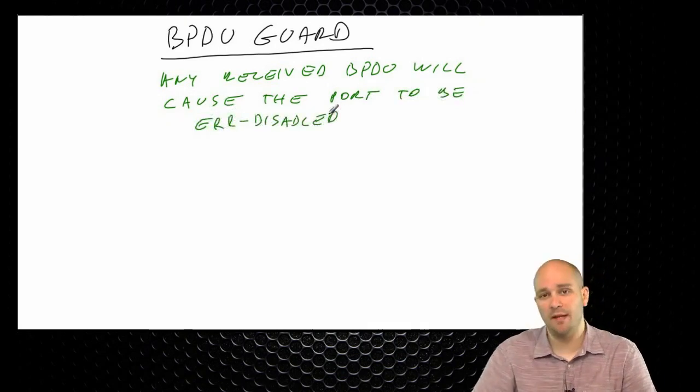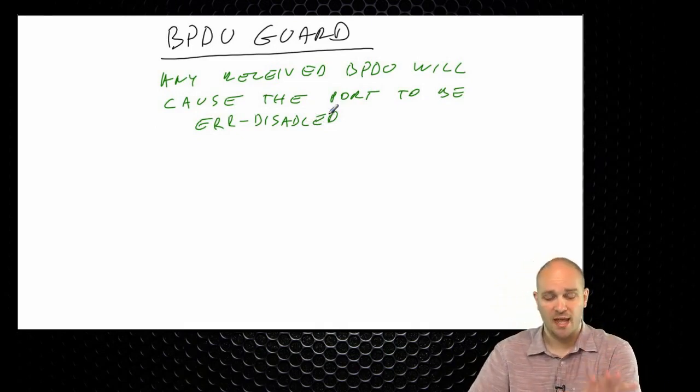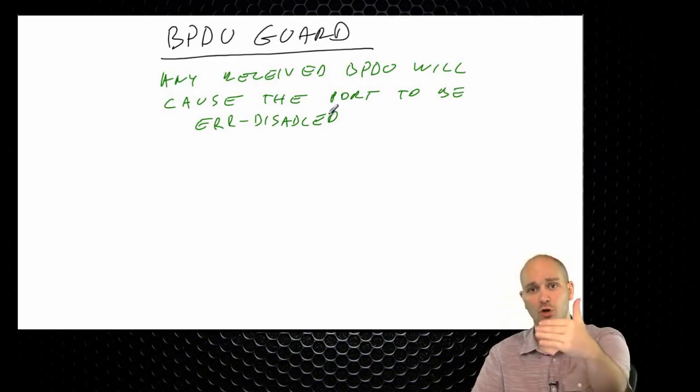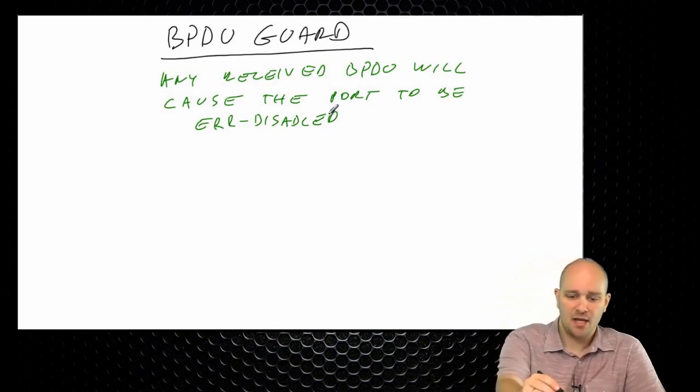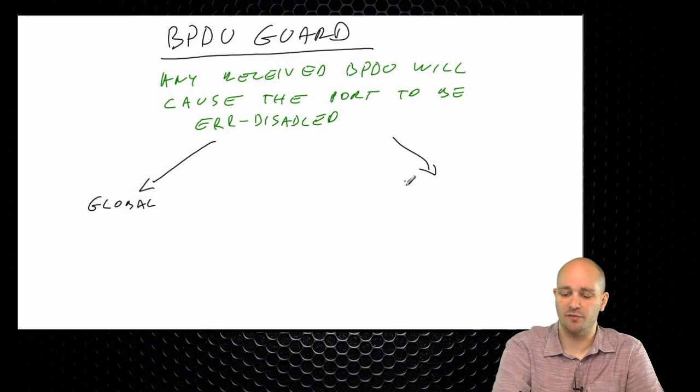So this is what BPDU guard does. When you enable BPDU guard on a certain port, any incoming BPDU will cause this port to go into the error disabled state. Just like with Portfast, there are two ways of configuring this feature. One is global, and the other one is per interface.